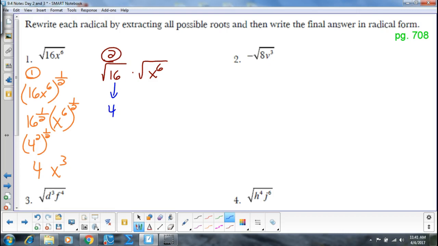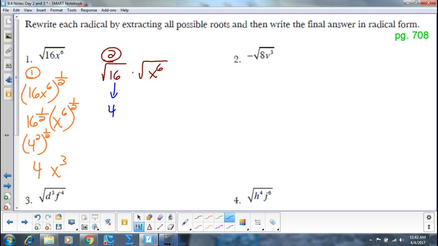And now, because I'm taking the square root, I'm looking for the biggest multiple of 2 that goes into 6. 3 is not a multiple of 2, 2 is not, 1 is not.